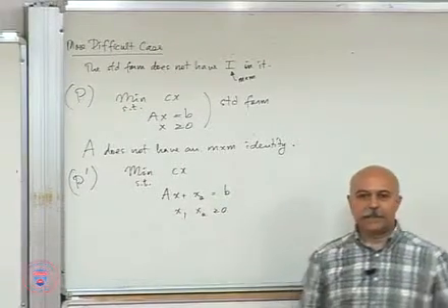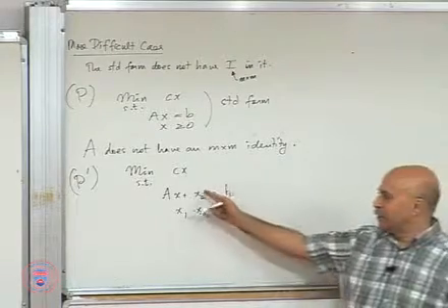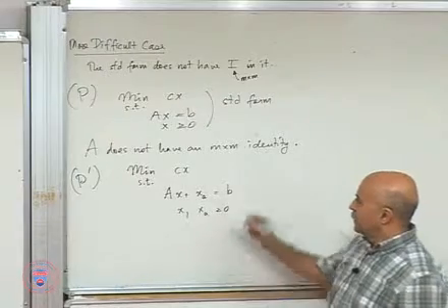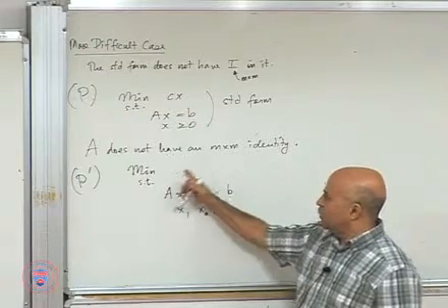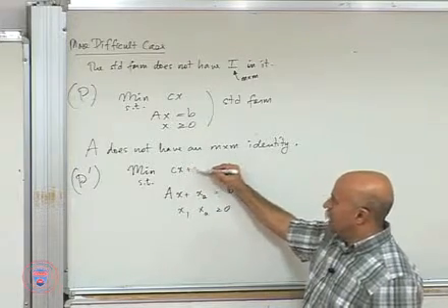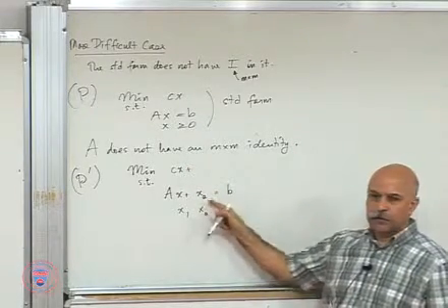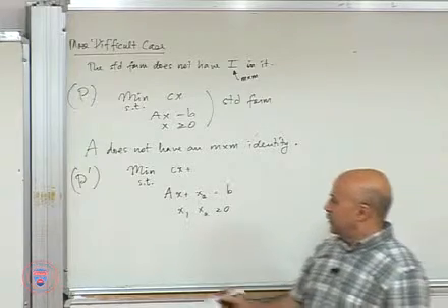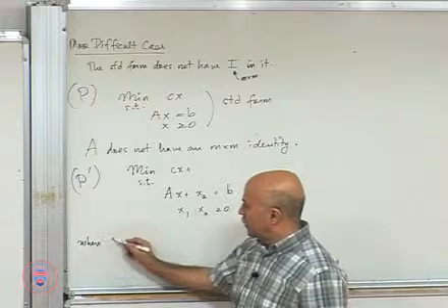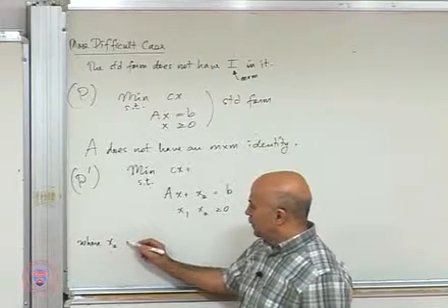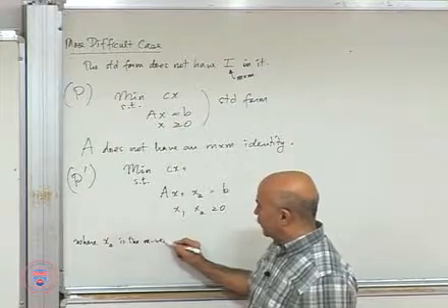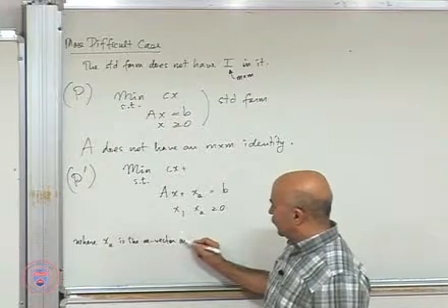So I simply added new variables and new columns. The new columns form the identity. And of course, let's forget the objective function for a moment. Well, actually, let's not forget. We'll add something to the objective function for the new variables, okay? And here, x sub a is the m vector of artificial variables.